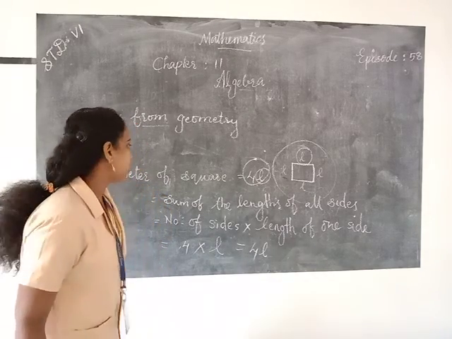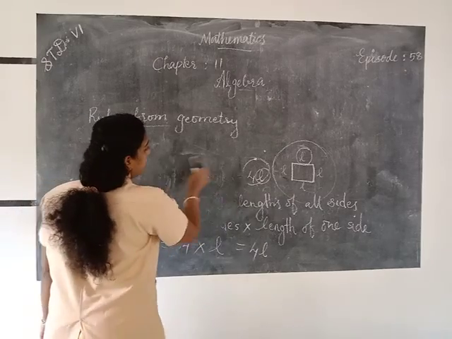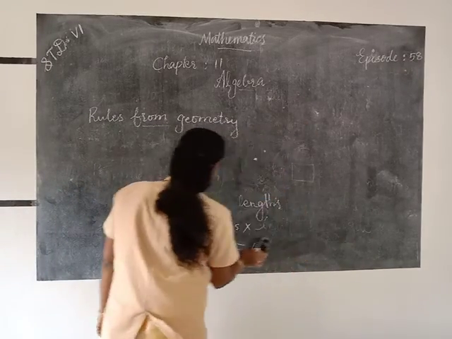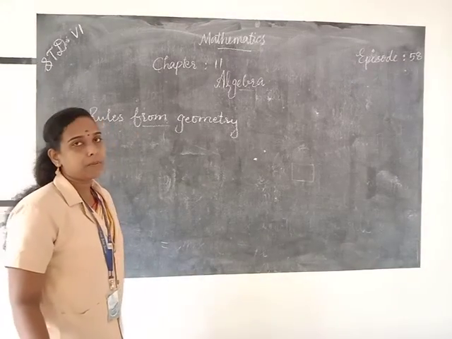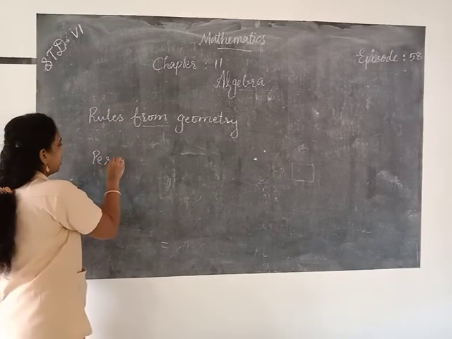And the second one is how to find the perimeter of a rectangle. We also use a variable to express the equation to find the perimeter of a rectangle.